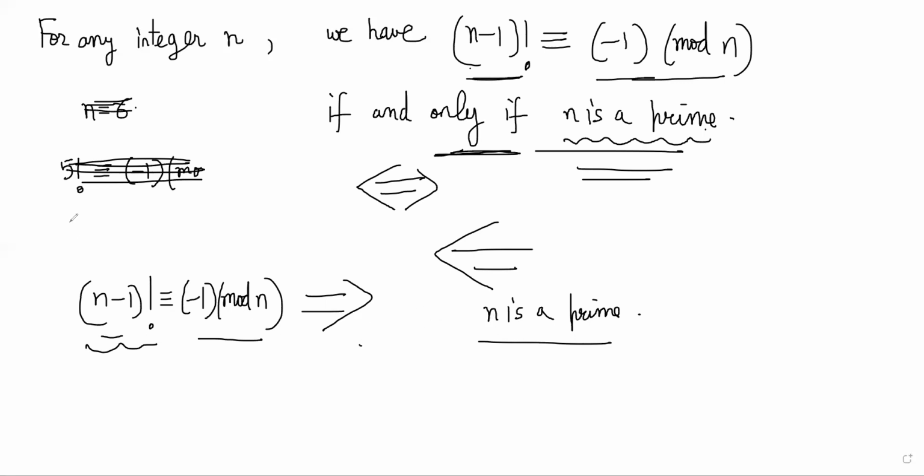Can we assume the opposite, that this is not true? No, that won't work, because that is proving the other side. It's almost like we have already assumed it is a prime.